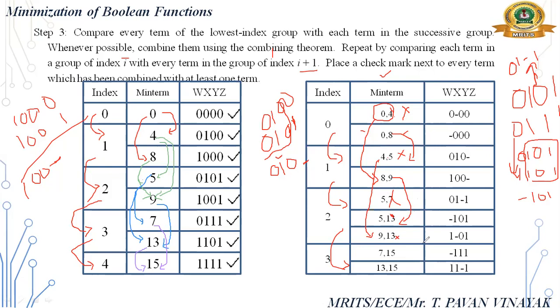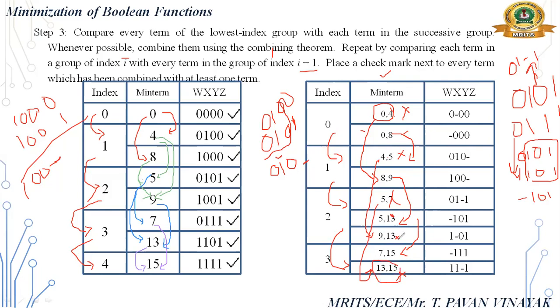Next, check 2 and 3. 5, 7 with 13, 15. Next, 5 13 with 7 15. Only two values are possible, because 5 13 here you need not compare. 9 13 also need not compare with this one.